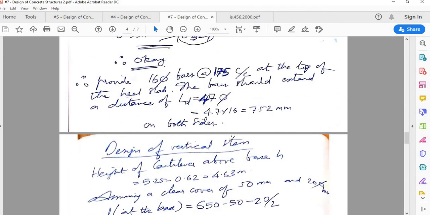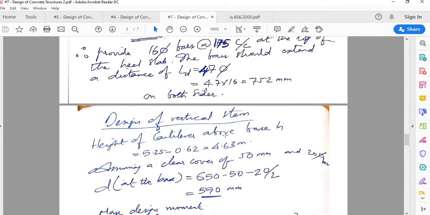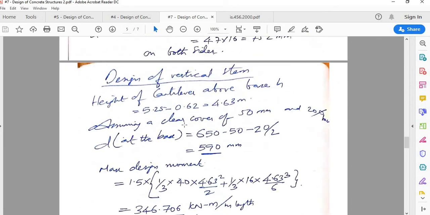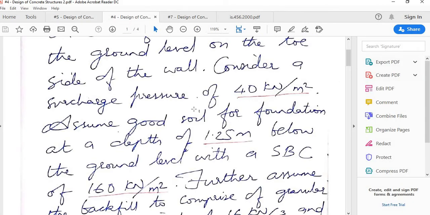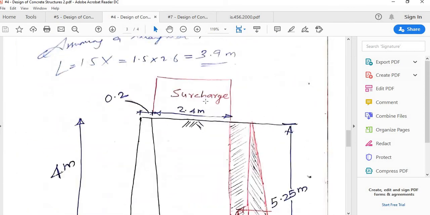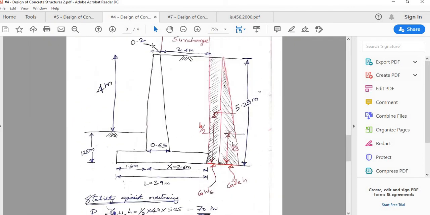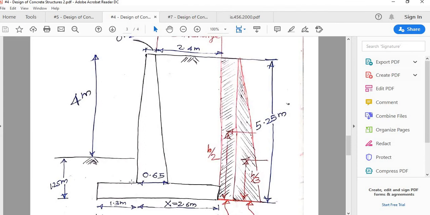Now let us go to the design of vertical stem. For the design of vertical stem, again the theory is the same. Let me open some other handwritten note so that I can show you the full wall. For the vertical stem also, the critical section for bending moment is this location, and the critical section for shear is at a distance of effective depth.